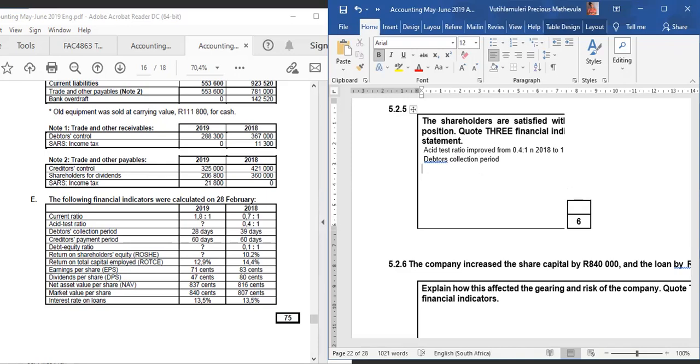You can say that the debtors collection period improved from 39 days in 2018 to 28 days in 2019. This means that debtors paid us faster. The debtors collection period shows the number of days that debtors took to pay us.